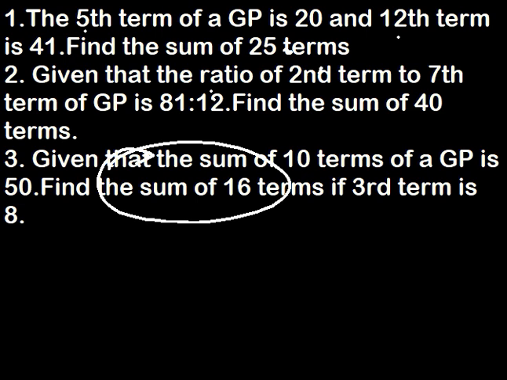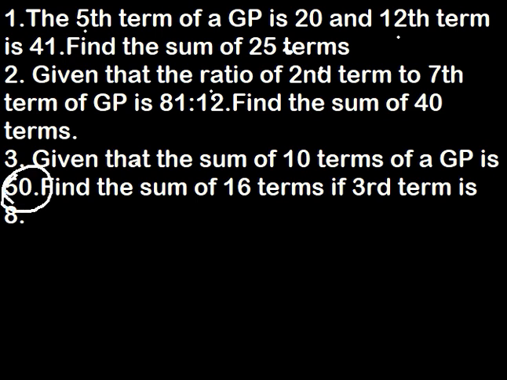Now let's go for this case. Given that the sum of 10 terms of a GP is 50, find the sum of 16 terms if the third term is 8. So what should we do there? According to the information given, we have to interpret the way the information is presented.